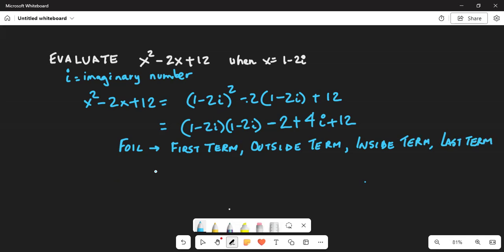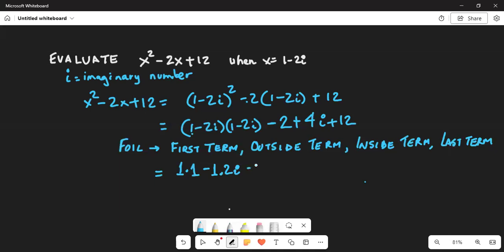So this becomes equal to, first term is 1 times 1. Then outside term, this is 1 and minus 2i. So minus 1 times 2i. Then I will do the inside term, minus 2i times 1 again.